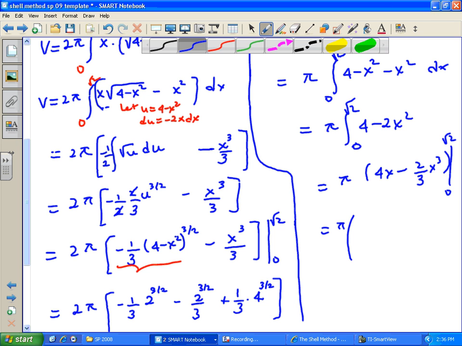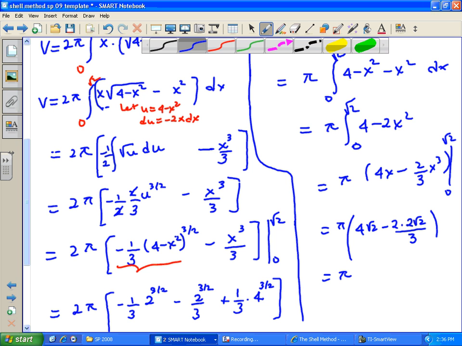So that'll be 4 times radical 2 minus 2 times, it's going to be 2 to the 3 halves, which is the same as 2 root 2. So root 2 to the third is the same as 2 radical 2. And minus 0 gives us nothing. So here I have 4 radical 2 minus 4 radical 2 over 3.